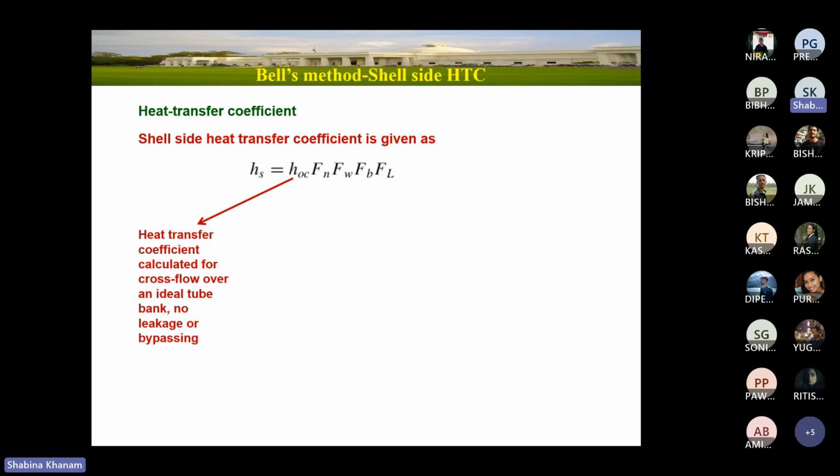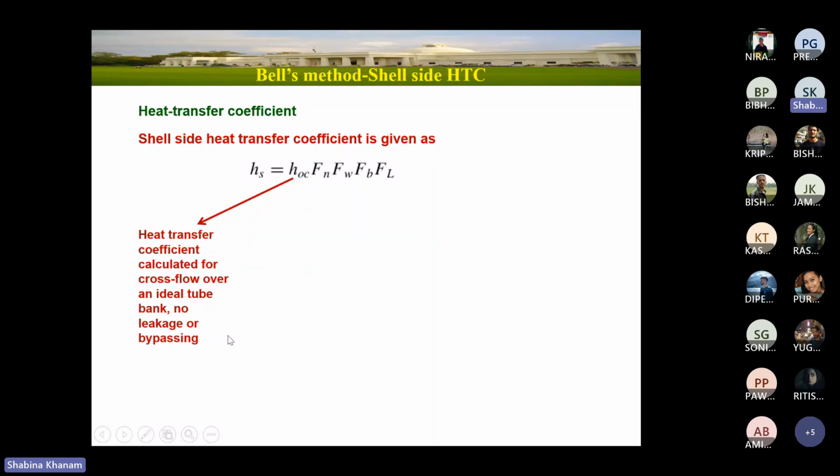Here, too, the ideal tube bank counts the middle part only, where different tubes are available. But it does not have any other effect, like baffles or any other tubes in the cross flow. So this is basically the ideal case.